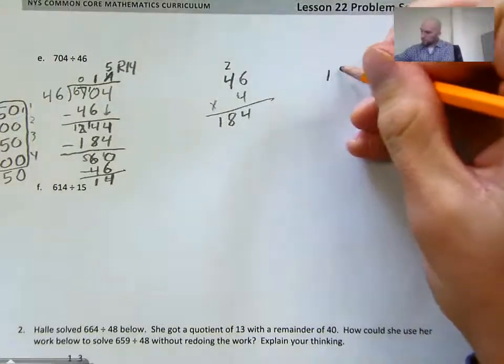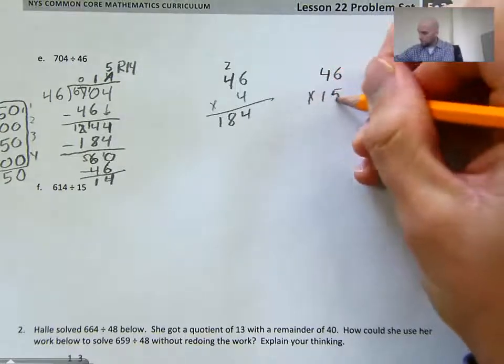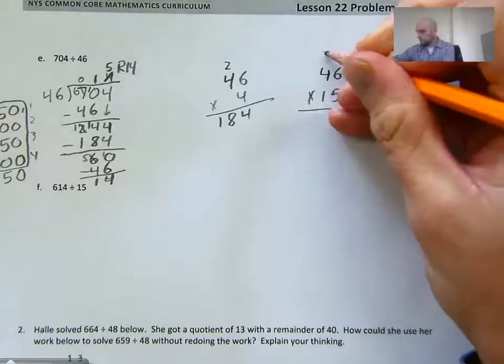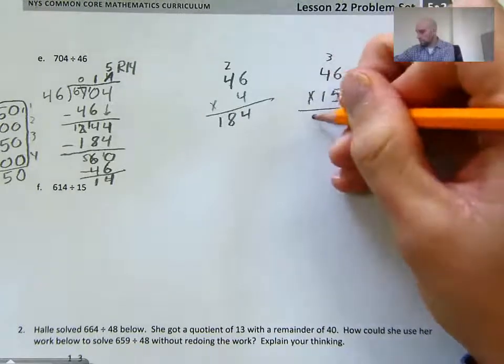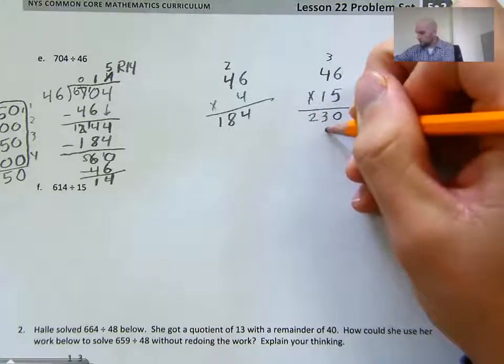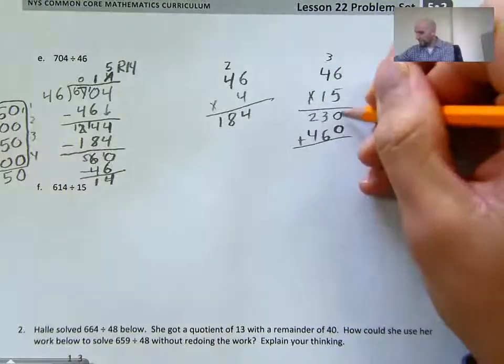I can check my work, and I'll do 15 times 46. 46 times 15. 6 times 5 is 30. 4 times 5 is 20. Plus 3 is 23. Bring down my 0 for a placeholder. 6 times 1 is 6. 4 times 1 is 4. And I add those together.